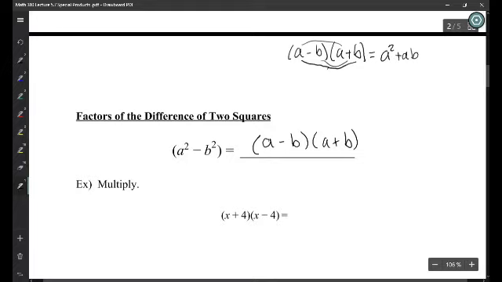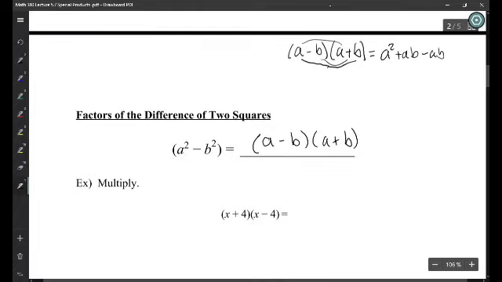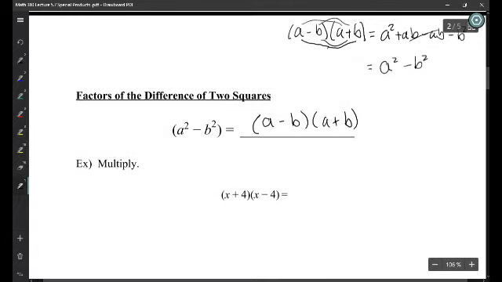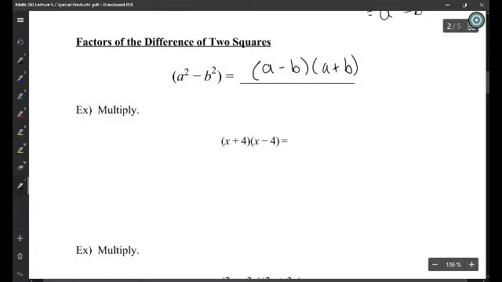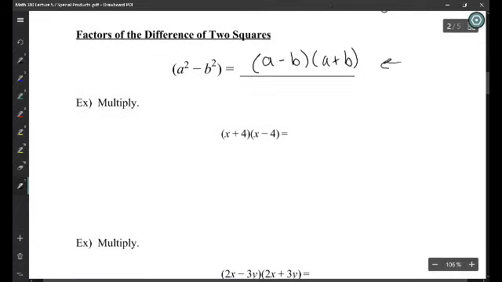Inside, minus b times a, so minus ab. And then outside, negative b times b, minus b squared. So these cancel, and we have a squared minus b squared. So memorize this.